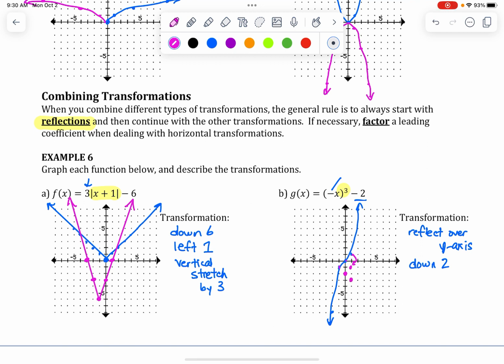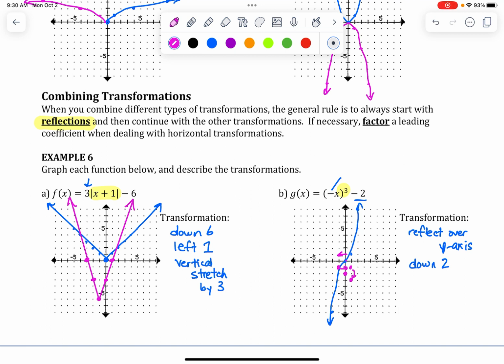You're going to take this point here, reflect it over the axis, and you're going to have the value there. I guess technically it's reflected over the y-axis. So we're going to reflect it over the y-axis and move it down 2. We're going to reflect this over the y-axis and move it down 2.